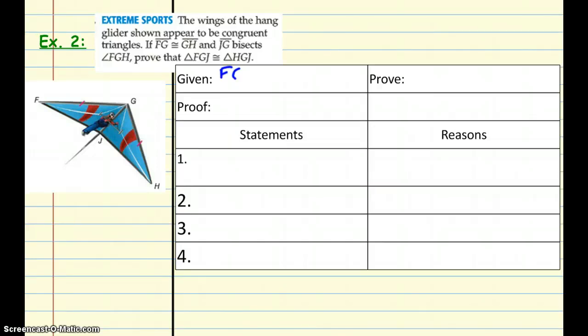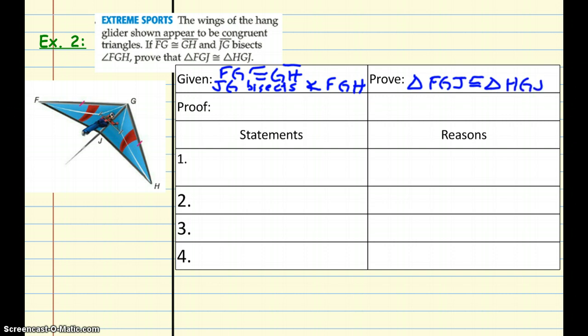We know FG is congruent to GH. We know that JG bisects angle FGH, and we are going to prove that triangle FGJ is congruent to triangle HGJ. So we're going to use side angle side, just to give you a heads up with that.